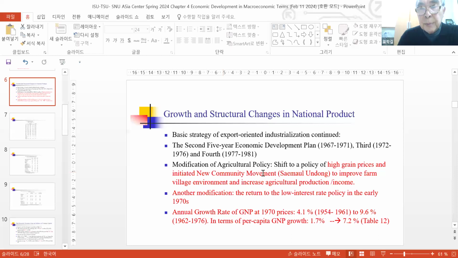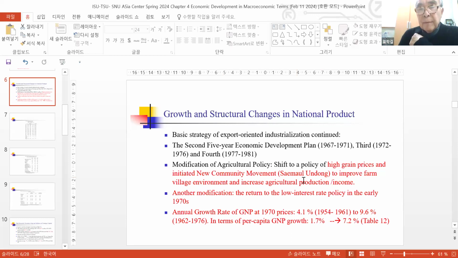Modification of agricultural policy followed: a shift to a policy of high grain prices, and a new community movement, Saemaul Undong, to improve the farm village environment and increase agricultural production income.